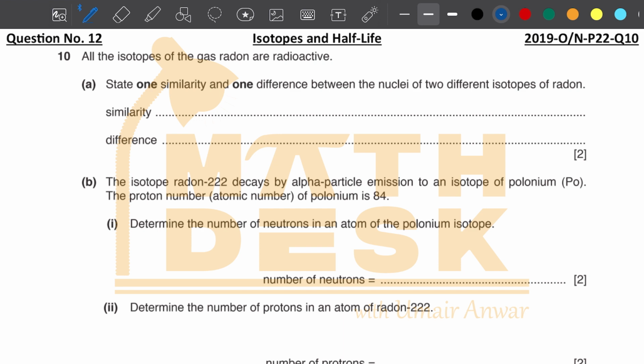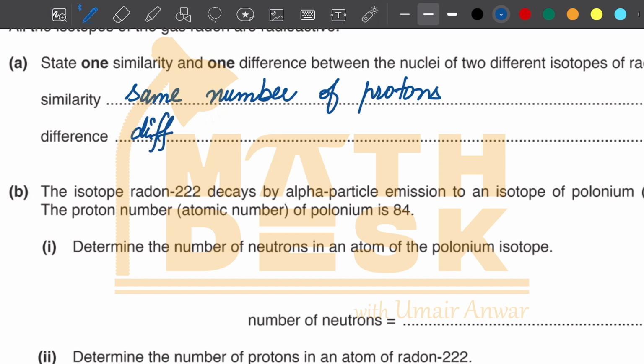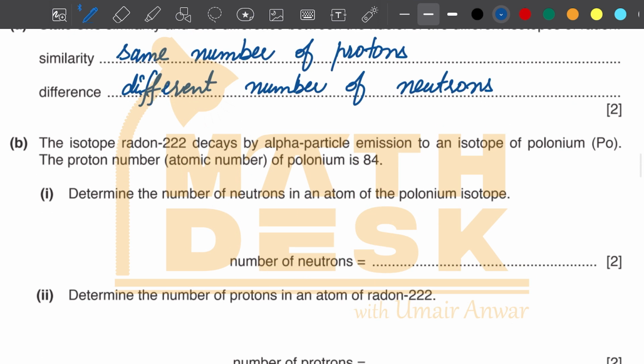So the similarity is that all the isotopes have the same number of protons, and the difference would be they must have different numbers of neutrons.